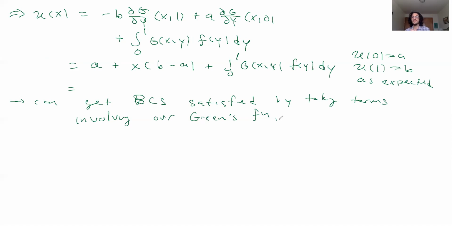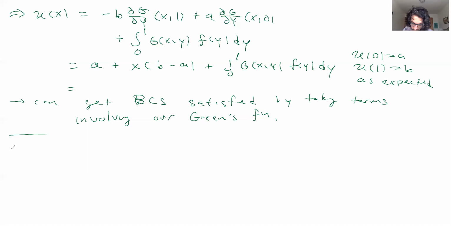And that's no accident, right? It's a little mysterious here what's going on, but this is setting us up for what's going to happen in the case of two-dimensional Laplace and Poisson problems, okay?